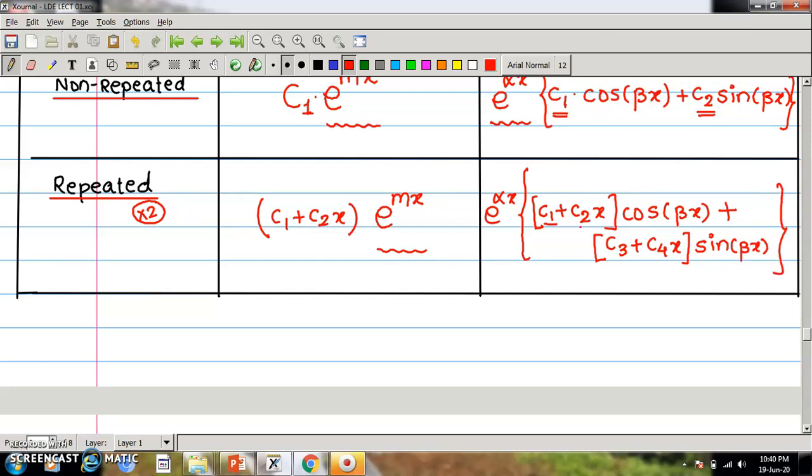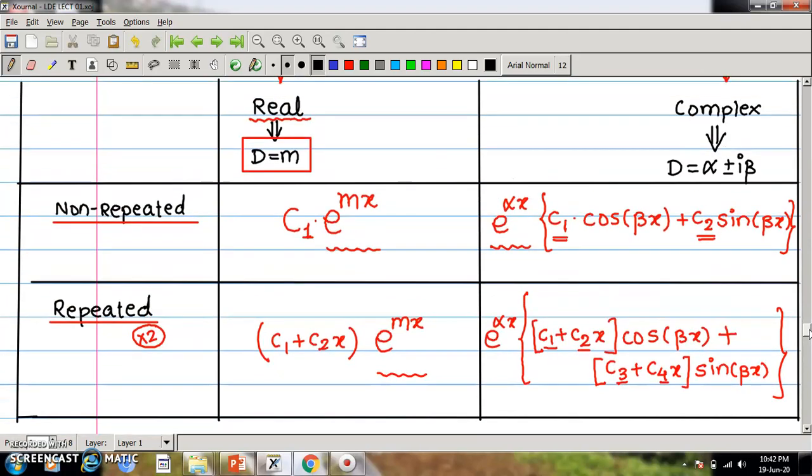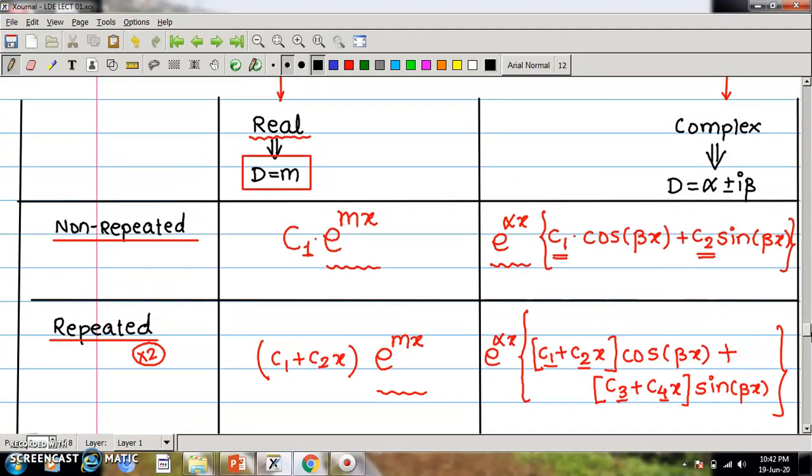We have used these two constants for the root alpha plus i beta and these two constants for the root alpha minus i beta. So this is the summary.